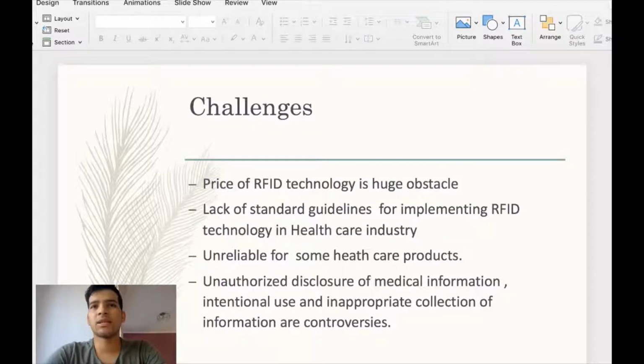Some sensitive electronic medical devices may be disturbed when they come in contact with high-power RFID readers. Intentional misuse, unauthorized disclosure of healthcare information, and inappropriate collection of information fall under RFID controversies.